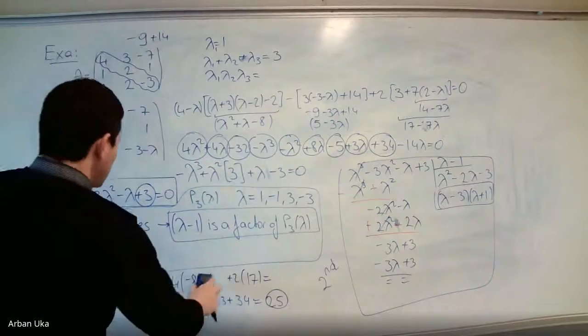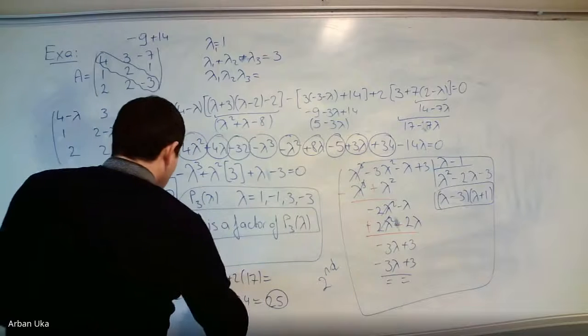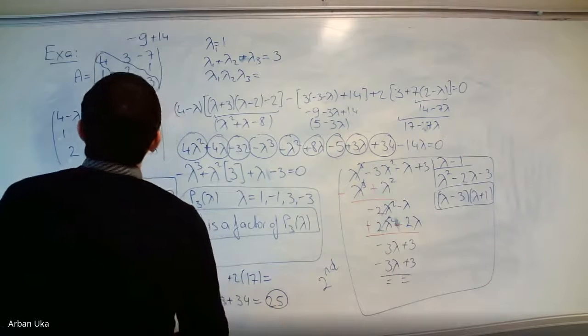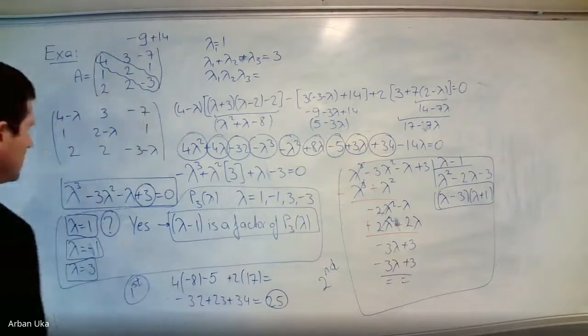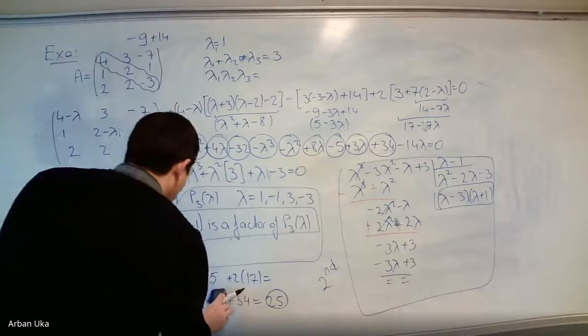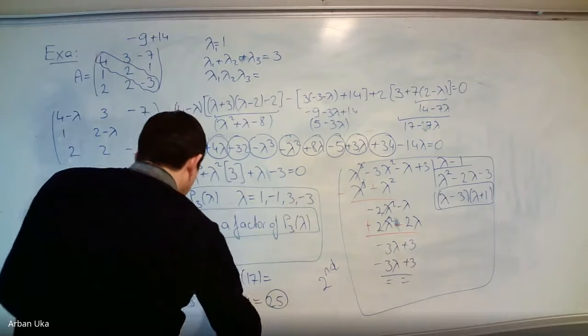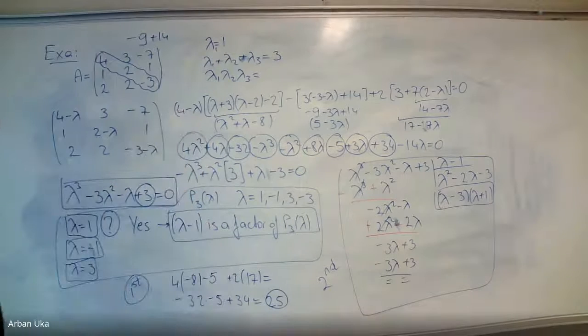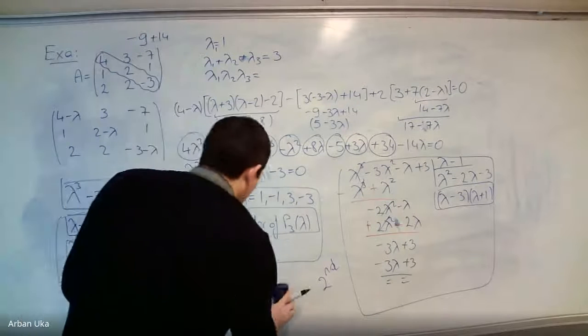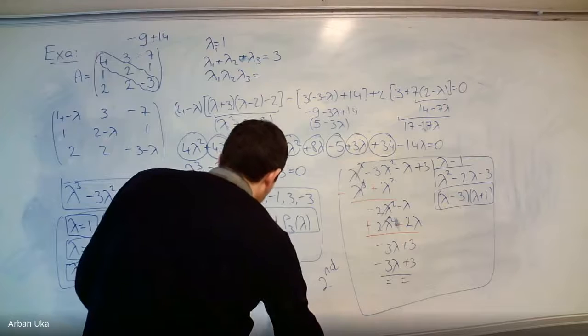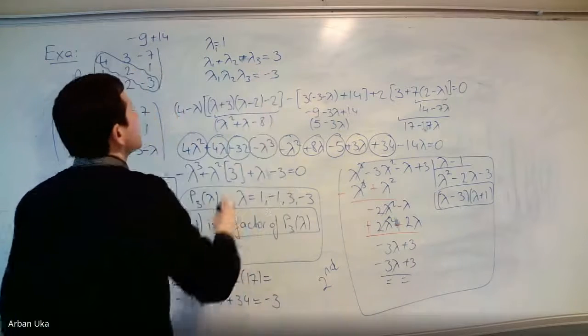So this is minus 1, minus 5. This is minus 5, it's not plus 23. Then here we have 34 minus 32 is 2, minus 5, it's minus 3. Apparently the determinant, we can double check, is minus 3.